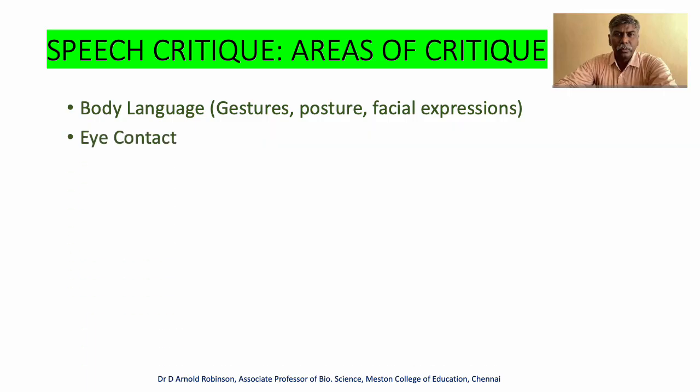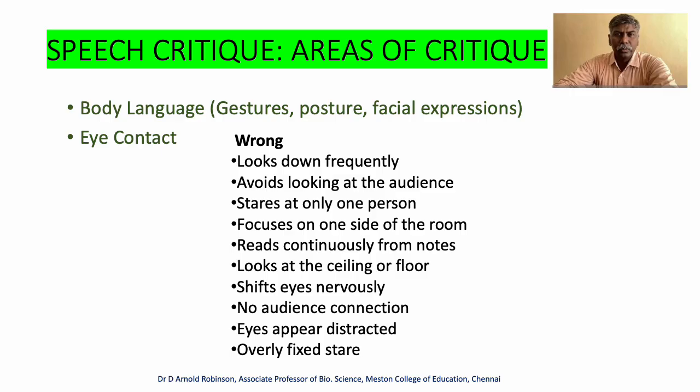Next is eye contact. Eye contact is a necessary part in public speaking. Someone can look down frequently, avoid looking at the audience, stare at only one person, focus on one side of the room, sometimes look at the ceiling, sometimes shift eyes nervously.